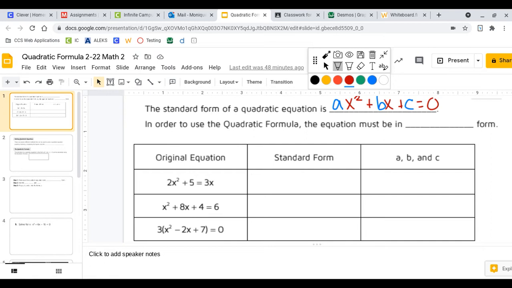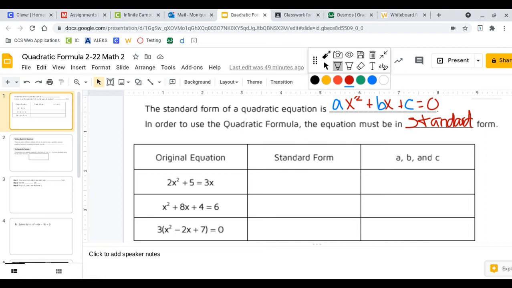I have A, B, and C in blue because those are numbers, and those are the parts that we find once we have it in standard form. In order to use the quadratic formula, the equation must be in standard form, because this is how we figure out what A, B, and C are, and they will later go into the formula.